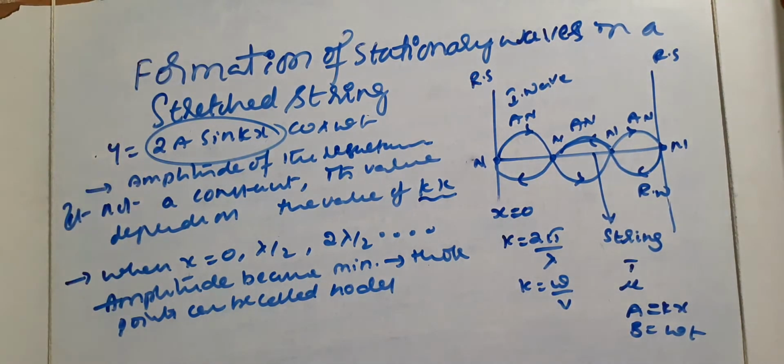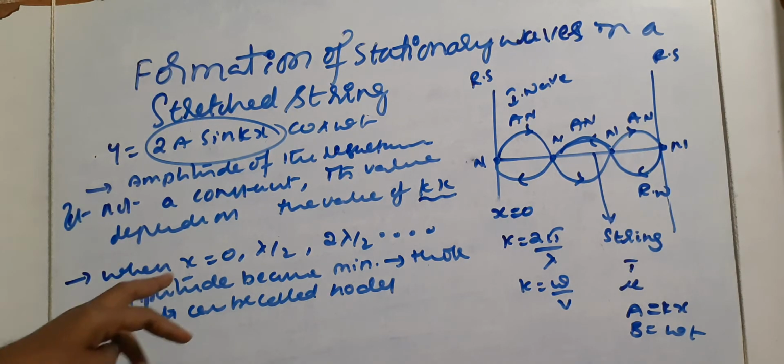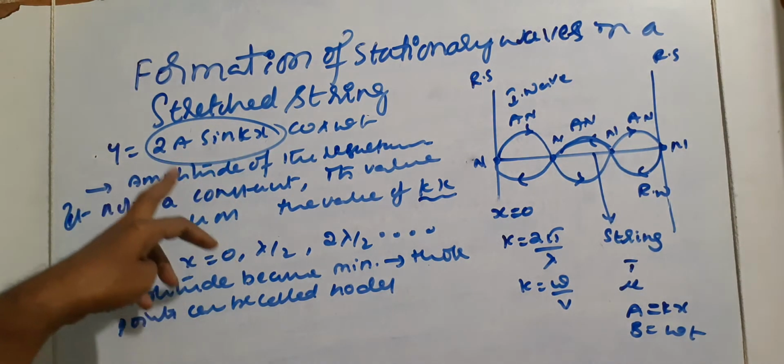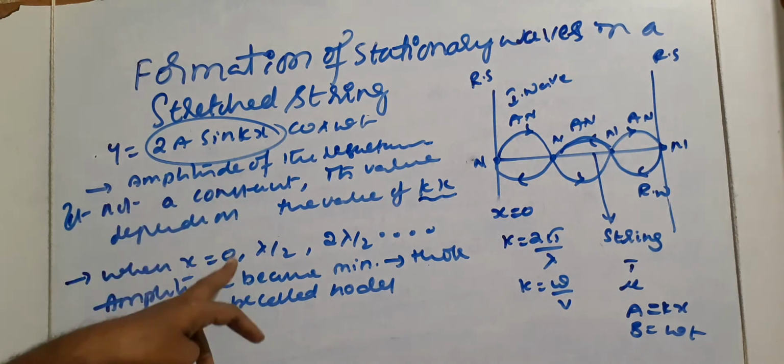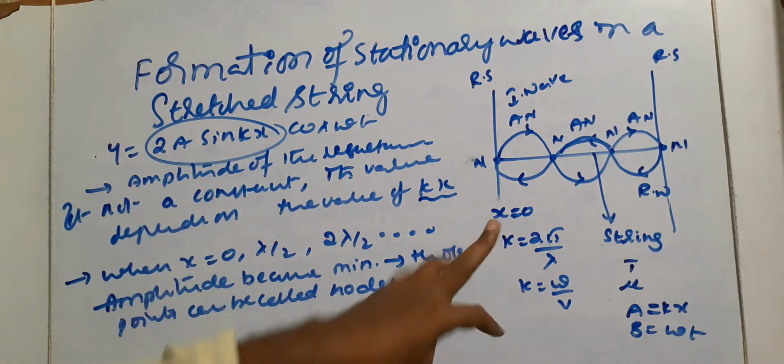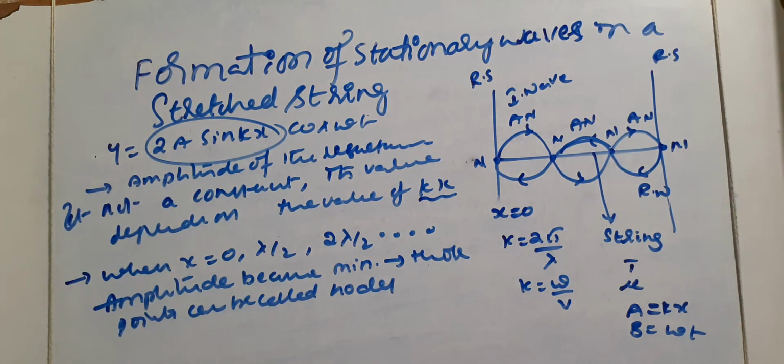Substitute in this formula, 2a sine kx, with x equal to 0 and k equal to 2 pi by lambda, then you can get the amplitude value. So amplitude is a minimum, and those points will be called nodes. So at the nodes amplitude is always minimum.